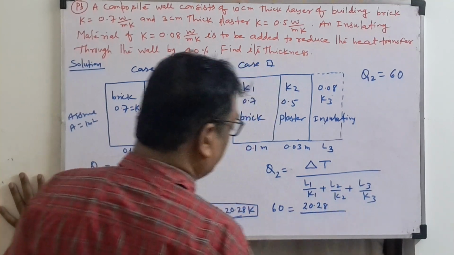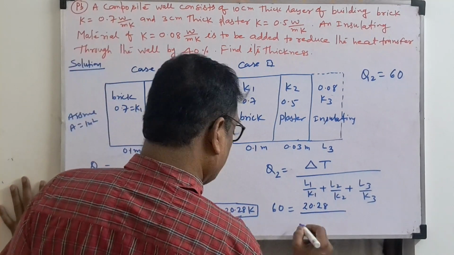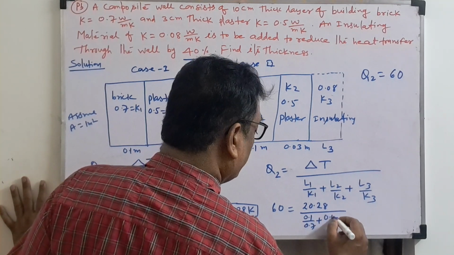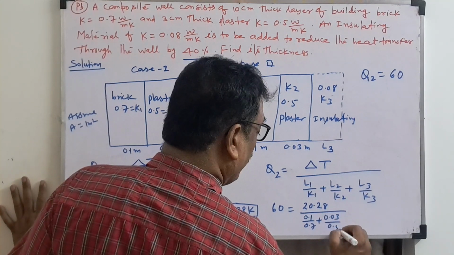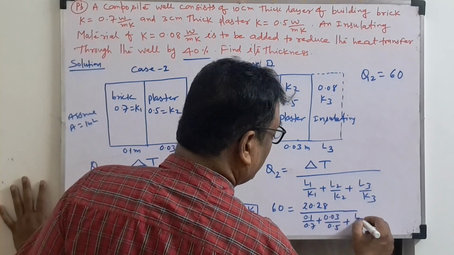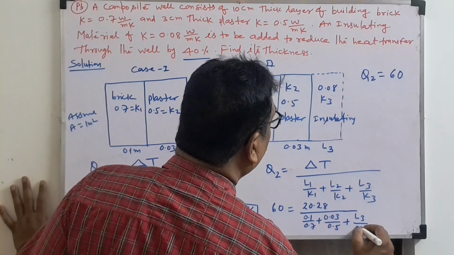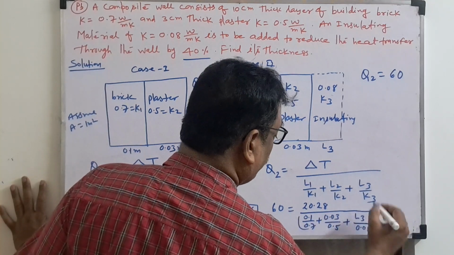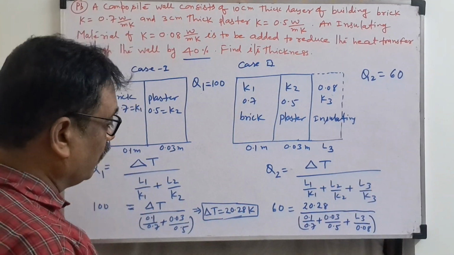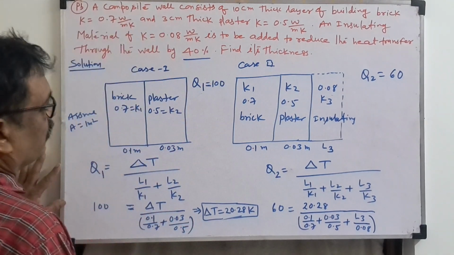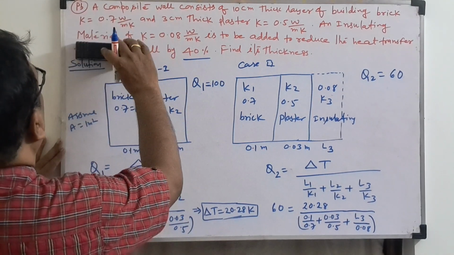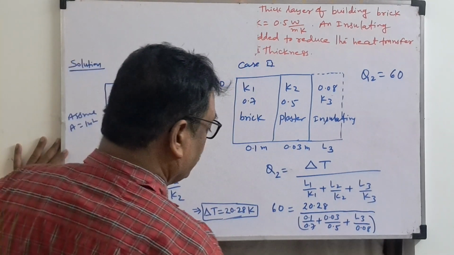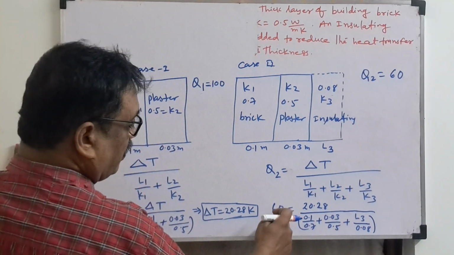20.28 divided by, what is L1? 0.1. The same things we will write here: 0.1 by 0.7 plus 0.03 by 0.5 plus L3 by 0.08, with L3 unknown. Once we calculate this, we will get L3. Now I will write here 60 into this.